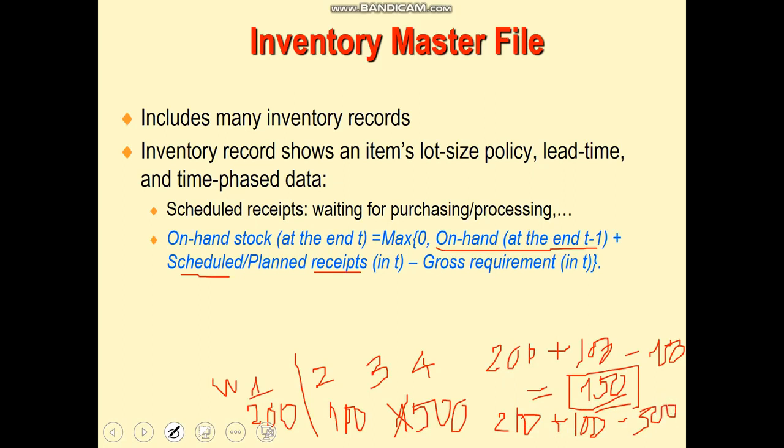So the value is equal to negative 200, and we can see that negative 200 is less than 0. So it means the on-hand stock in week 2 now is equal to 0. Okay, that's how we determine the on-hand stock in a period of time.